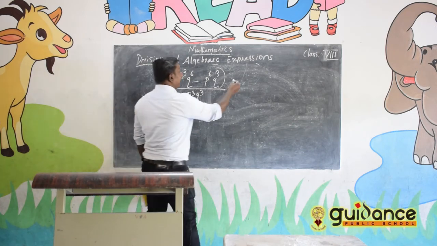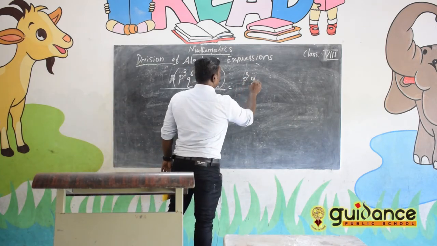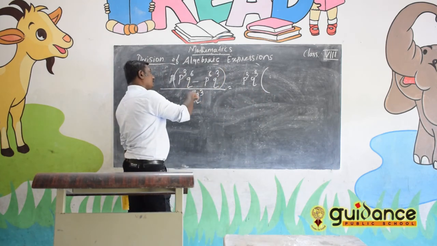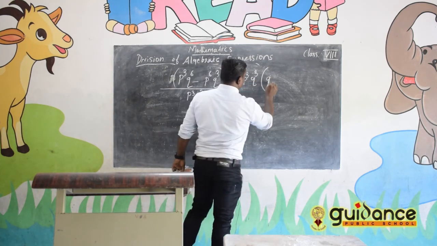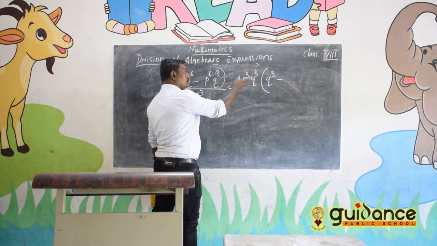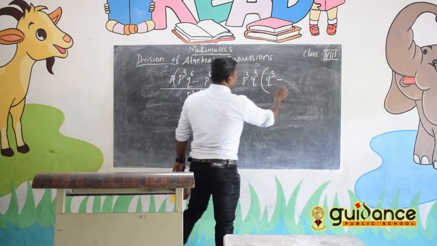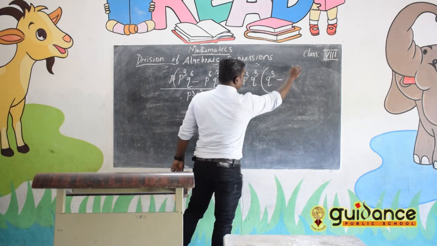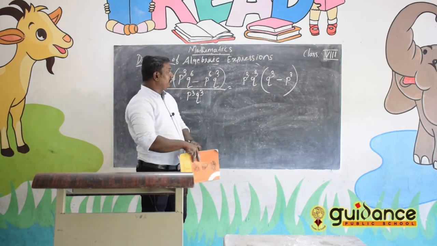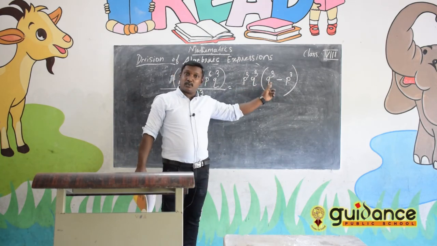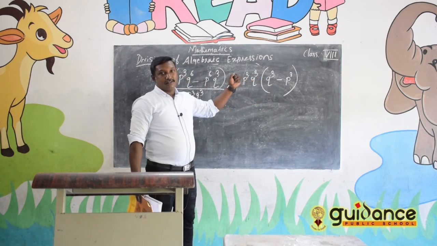So we take p cube q cube, bracket of, then p raised to 3 we take outside. The remaining is q raised to 3 minus p raised to 6, then p raised to 3 we take outside, then p raised to 3 is there. Q raised to 3 we already took outside. Look here. When we multiply p raised to 3 into q raised to 3 into q raised to 3, we get q raised to 6.